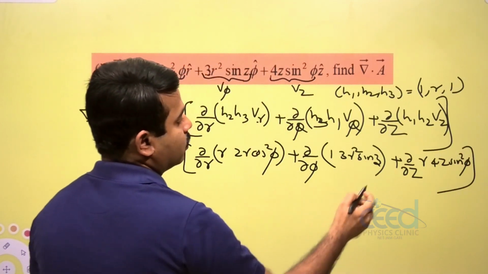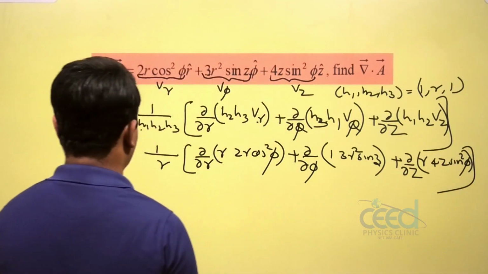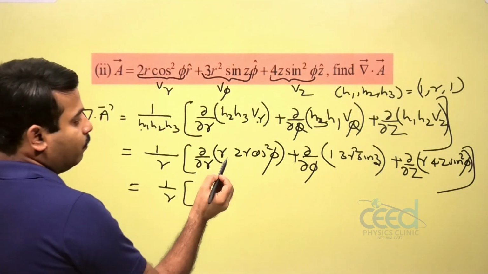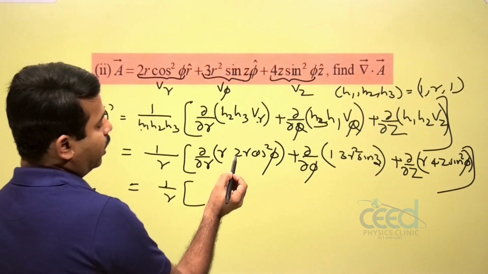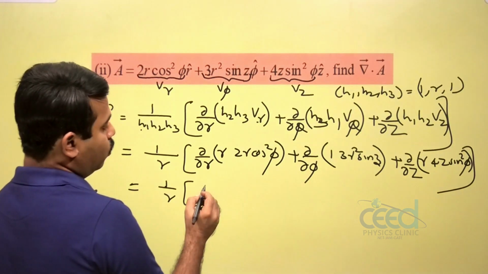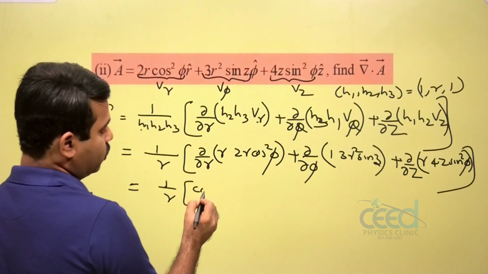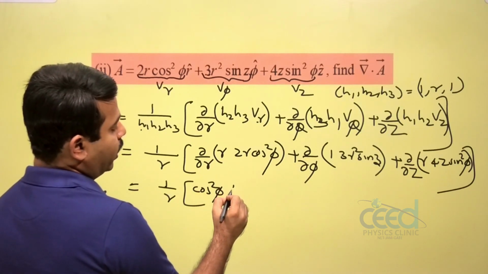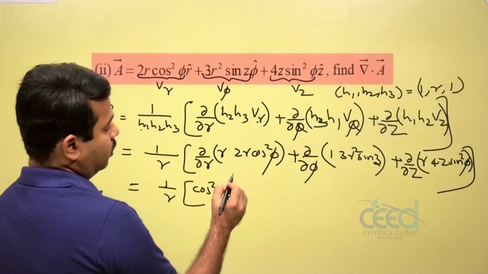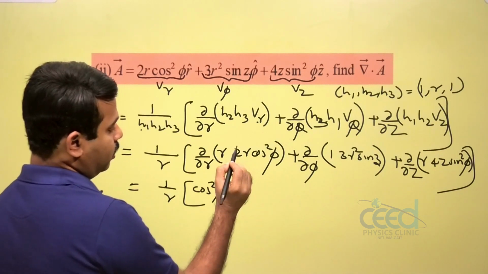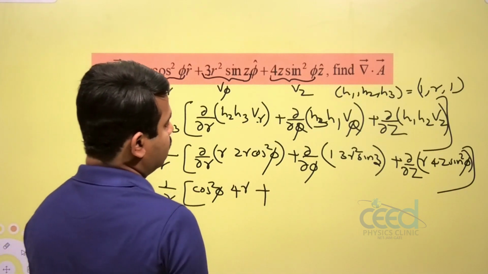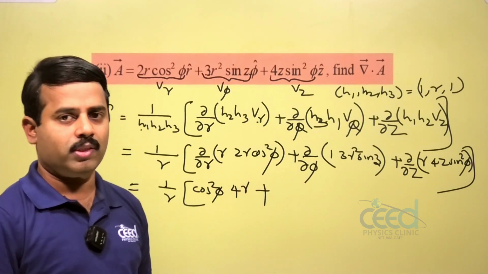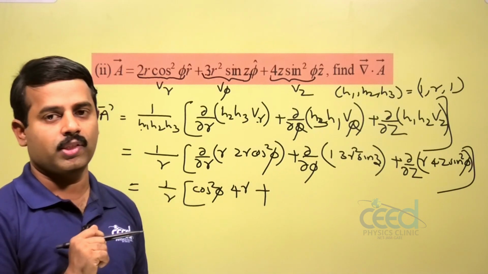Now the expansion: 1 by r times, with respect to r, 2r square on differentiating gives 4r, cos square phi is constant, right? Plus, when we differentiate with respect to r, the other variables are kept constant, that is the partial differentiation rule.